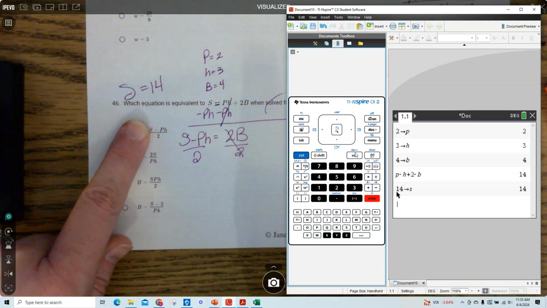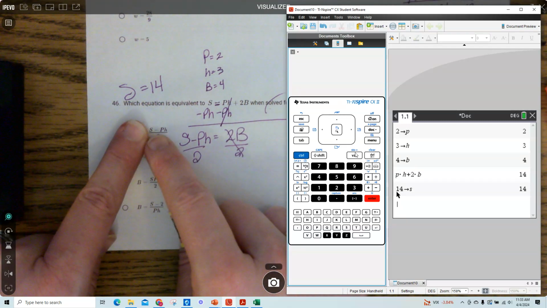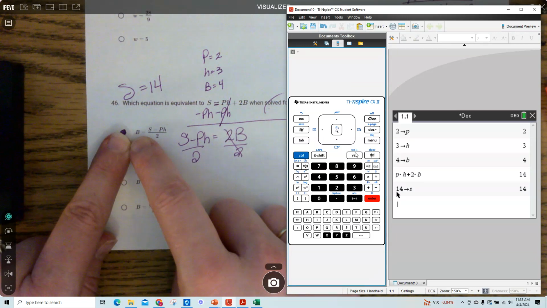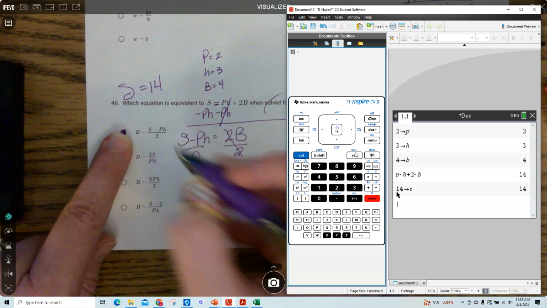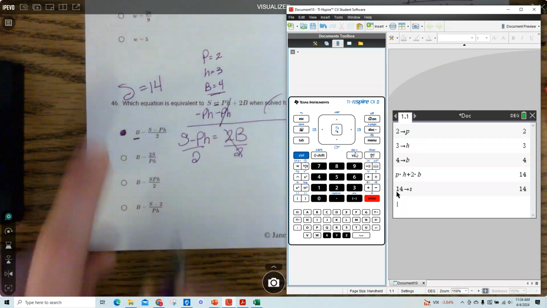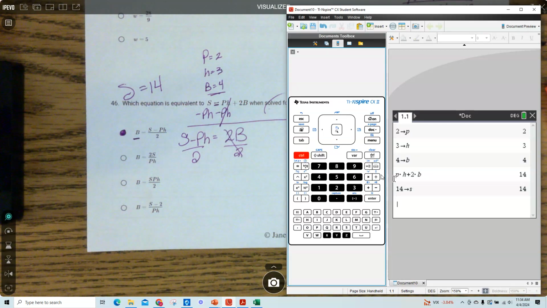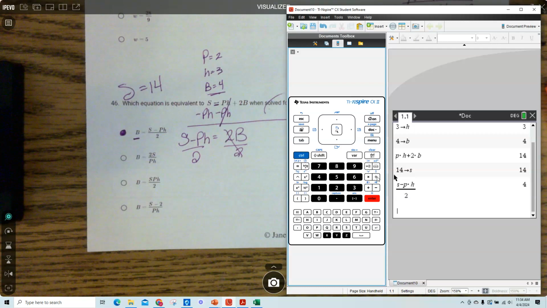Again, I don't type the B equals. I type just this, the S minus pH over 2, and it should equal, what should it equal? 14. No, just kidding. What should it equal? 4. Should equal 4 because it should equal B, and B is 4. So if I do S minus P times H over 2, when it equals 4, that's my right answer. A little bit tougher with control var, but it can be done.